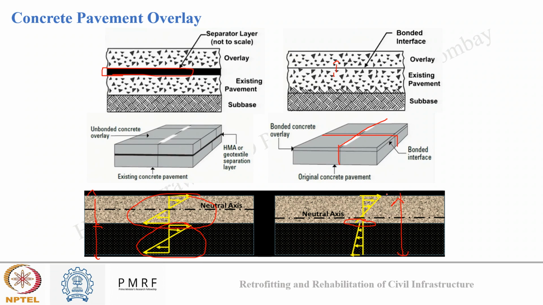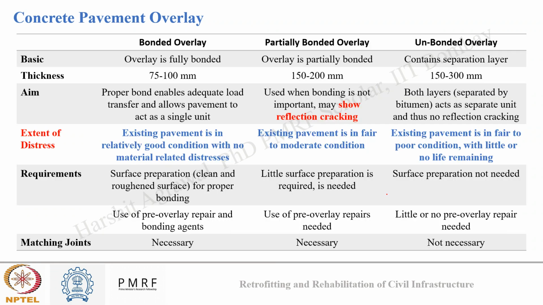Now the question comes, how to make the choice, which type of overlay do I need to choose? This depends upon various factors, the most important one being the extent of distress in the existing pavement. If we see concrete pavement overlay, there are three types: bonded, partially bonded, and unbonded. In bonded overlay, the overlay is fully bonded; in partially bonded overlay, the overlay is partially bonded; and in unbonded, it contains a separation layer between the overlay and the concrete.